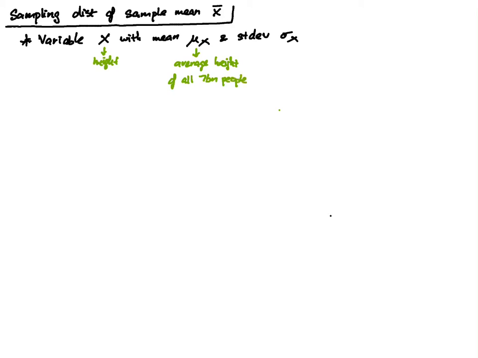And then think of sigma of x as being the standard deviation of the heights of all 7 billion people.